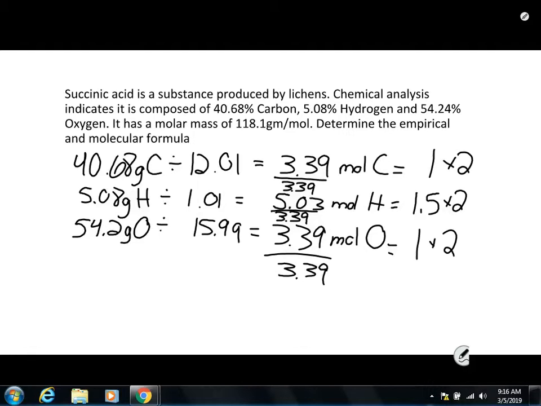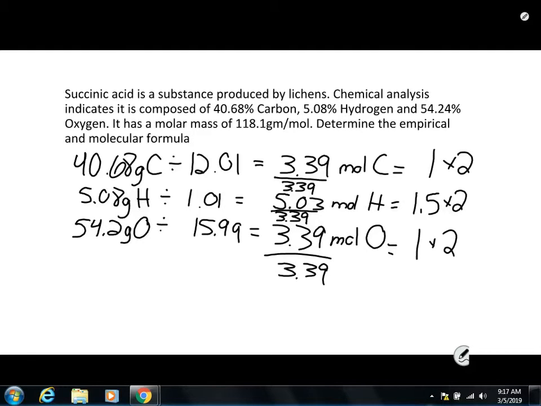So right now we have carbon 1, H 1.5, and oxygen 1. Can we have 1.5 of a hydrogen, Cheyenne? Because we want to get to a whole number, we want to multiply by 2. If we take 1.5 times 2, what do we get? It can change, it just depends. Make it easy on yourself.